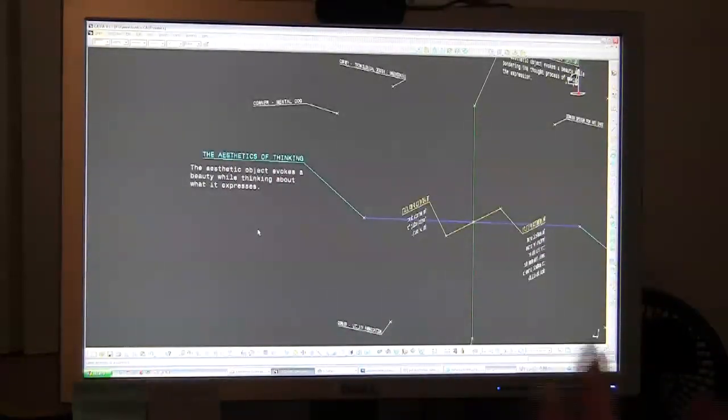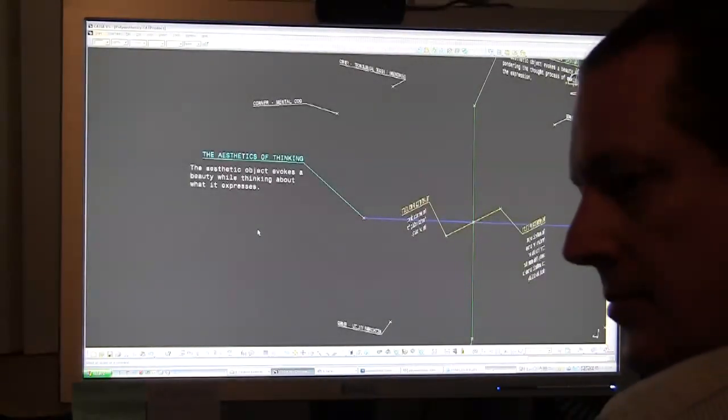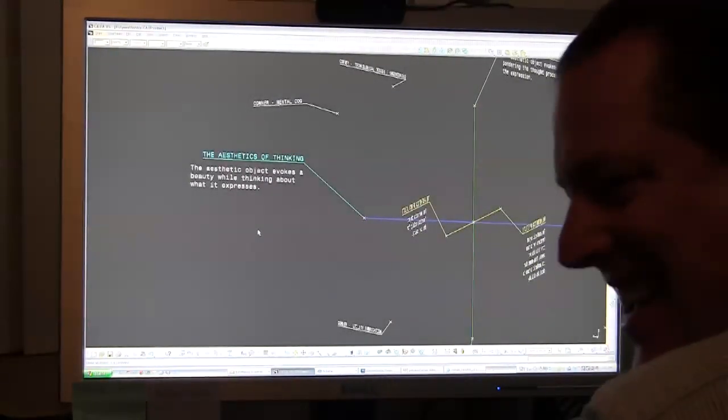And you can look at it and go, oh wow, look at how she put that together, or wow, he put that together. And the object itself makes you think. It's not so much about the design. It's not about what the person had to go through to get there. The object itself makes you think. Okay? So, of course, I would throw in the obligatory Mahler symphony here too.